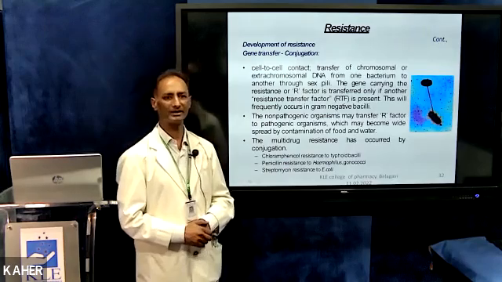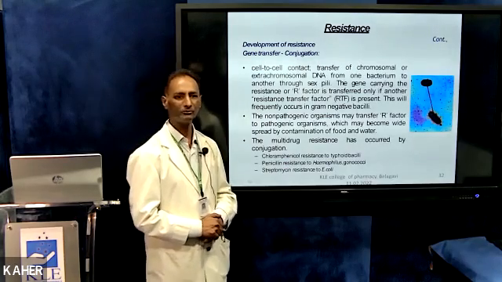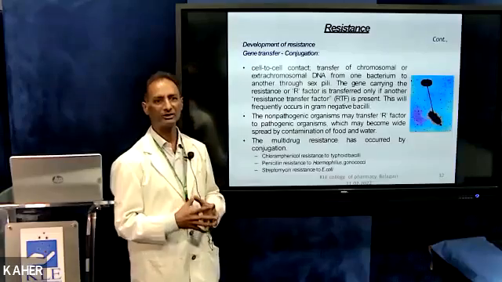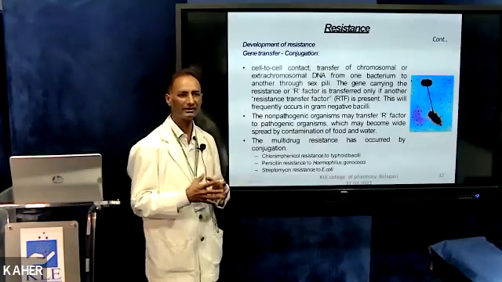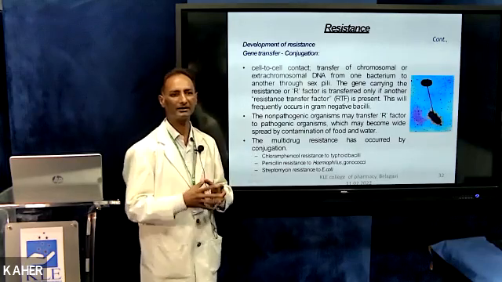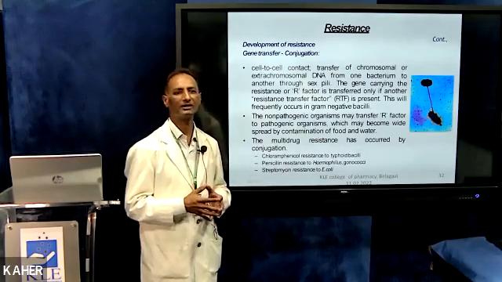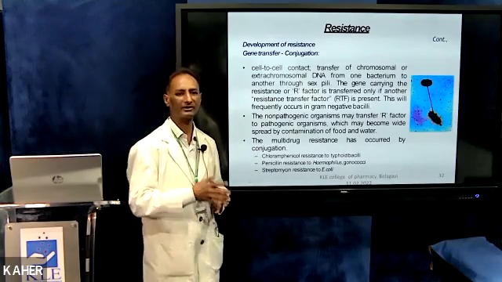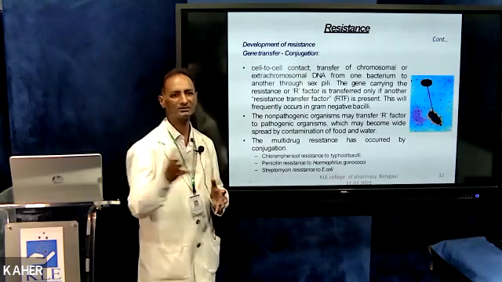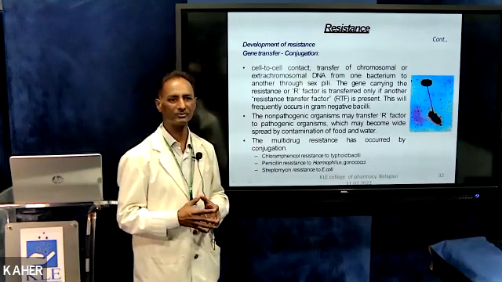This usually takes place in gram-negative bacilli. Even a non-pathogenic organism, having an extrachromosomal element like a plasmid, or bacterial virus vectors, can transfer that R factor to pathogens also. In this way, resistance is produced through conjugation.